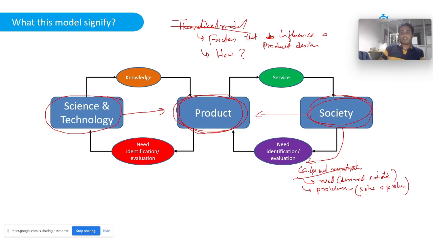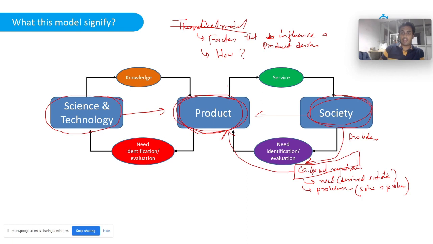Okay, so basically, when a society has a problem, the next thing you do is identify the contextual requirements, the needs that are desired to be solved. And this particular need or context actually influences the design of a product.